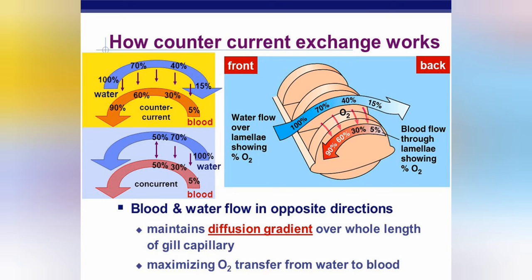As the water and blood move in opposite directions, the water loses more oxygen and the blood gains more oxygen as they flow along the lamellae. The diffusion continues until the concentrations of oxygen are equal between the blood and the water.